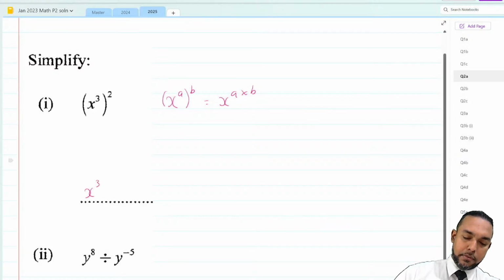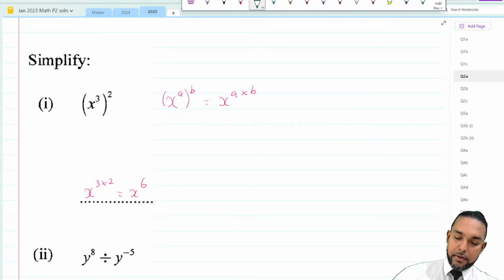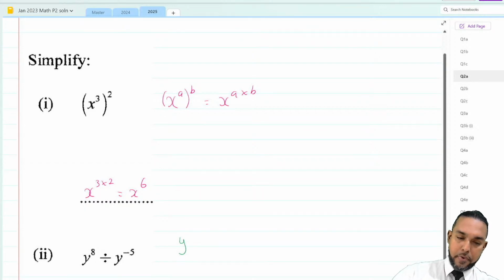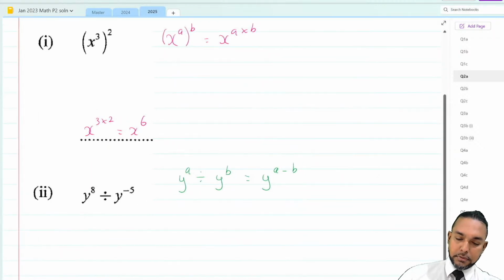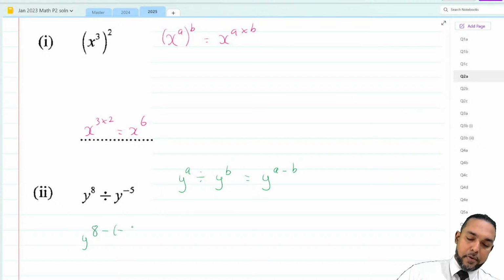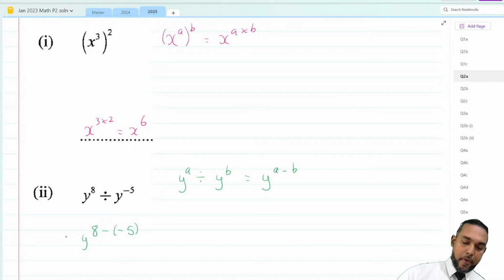Correct. And down here, y to the a, correct. Yep, that's correct. So when you divide, you subtract the indices.